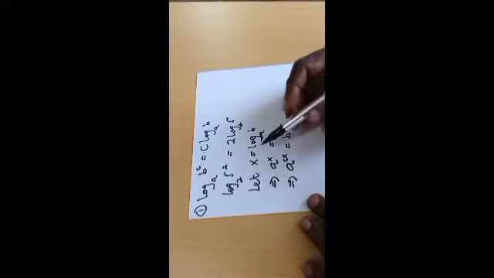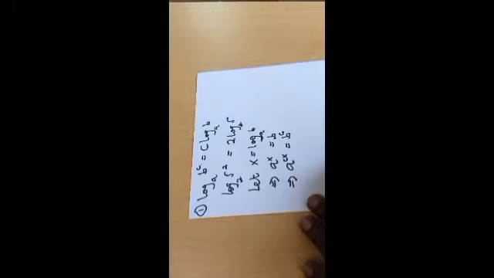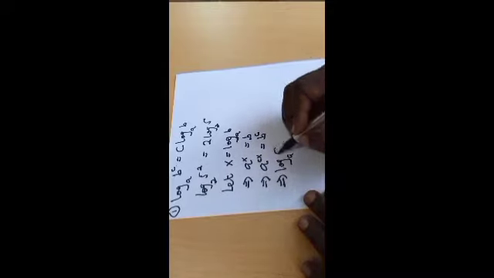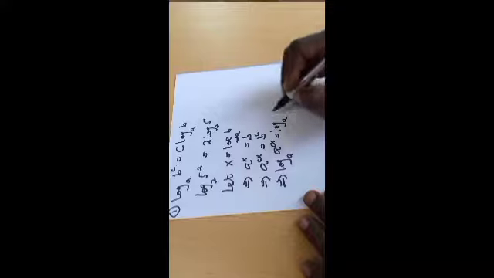Now, what are we left with? We are left with log base a, so I have to take log base a of both sides. This implies we have log base a of a to the power cx is equal to log base a of b to the power c.